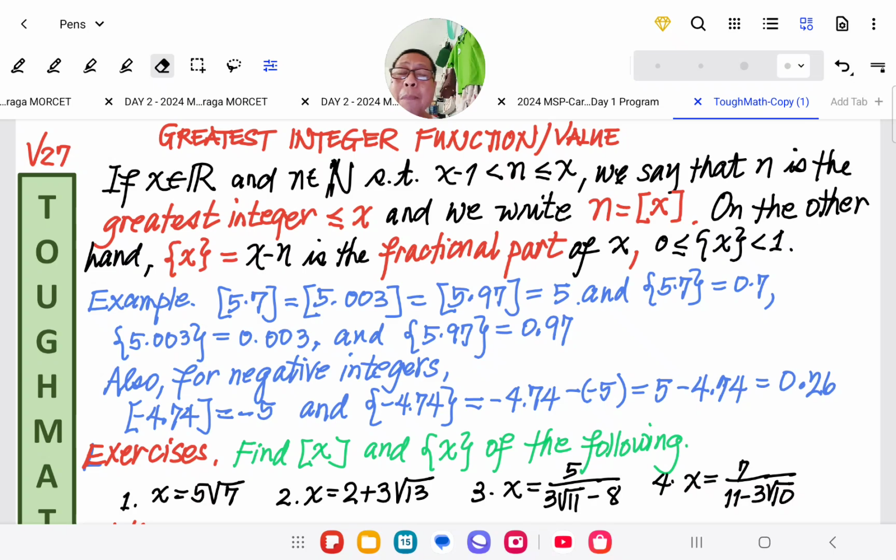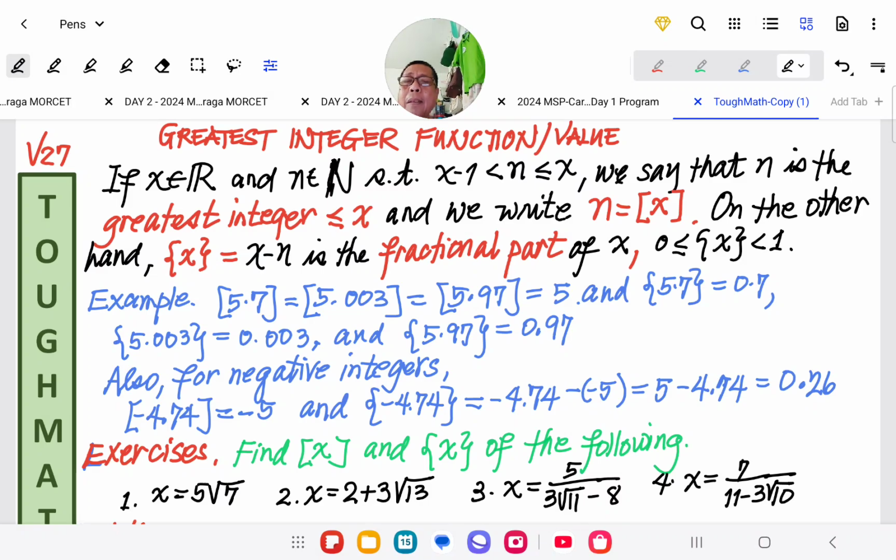If x is a real number and n is a natural number or a positive integer, such that n is between x minus 1 and x, with the possibility that n is equal to x, we say that n is the greatest integer less than or equal to x. And we write n is equal to the square bracket of x.